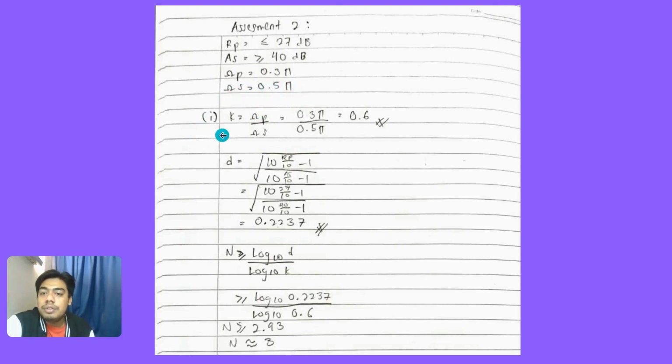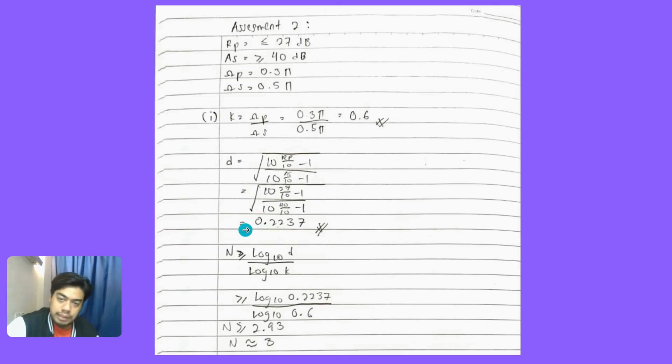So we want to find the K. We use this equation, omega P over omega S, so we get 0.6. When we find the D, we use the square root of 10 power of RP over 10 minus 1, over 10 power of AS over 10 minus 1. And for D, we get 0.2237.